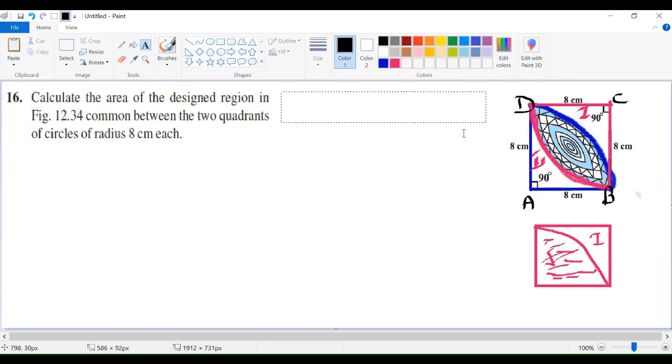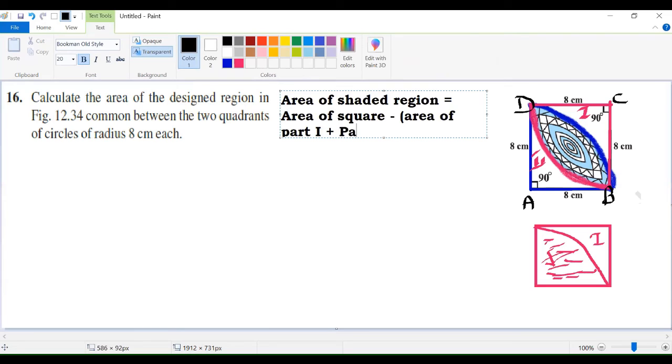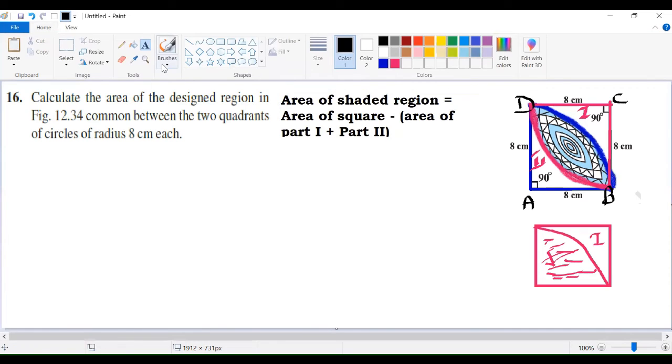Now, first, area of shaded region is equal to area of square minus area of part 1 plus part 2. So first area of part 1.